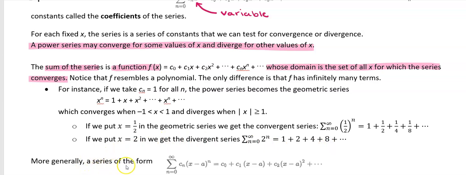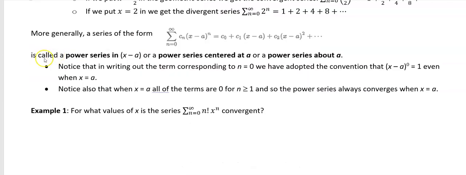More generally, a series of the form the sum from 0 to infinity of c sub n times x minus a to the nth power is basically another way of seeing a power series written. When it's written this way, it's called a power series in x minus a, or a power series centered at the value a, or a power series about a.